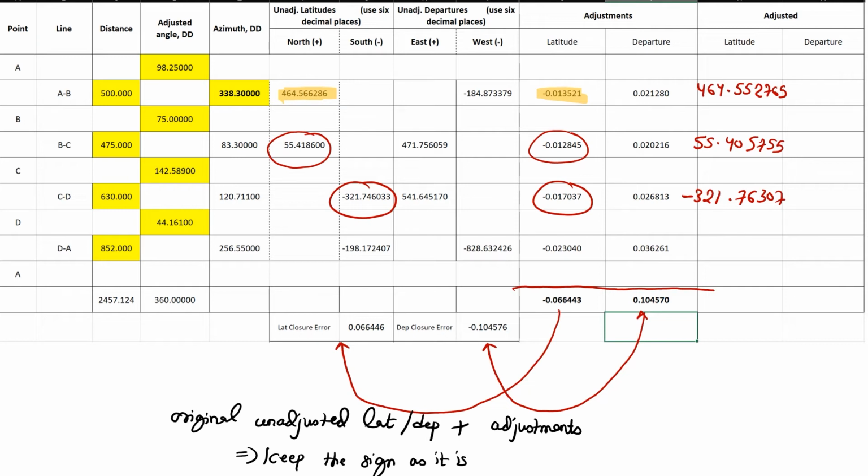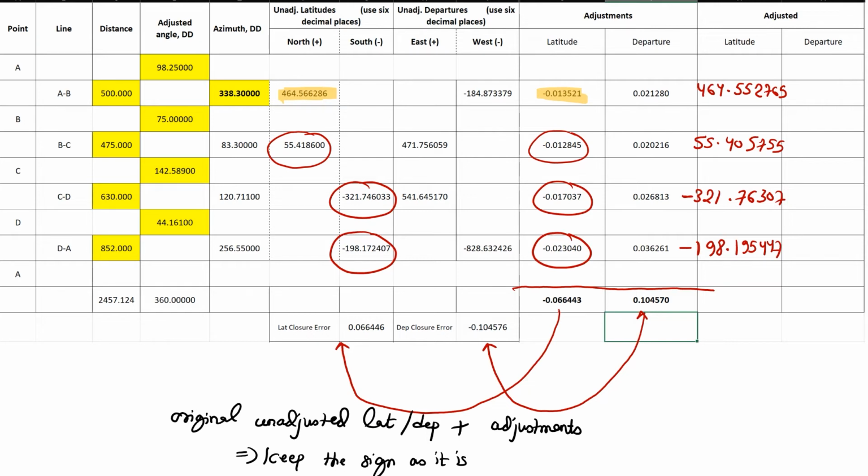And finally, you take this latitude and you add the correction for the latitude. So minus 198.172407 minus 0.023040. So you get minus 198.195447. Now I want you guys to check your work.